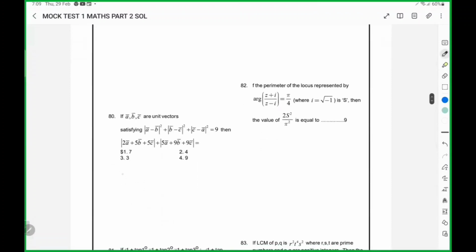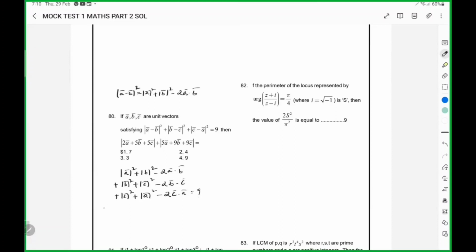Here, a square plus mod of a bar minus b bar whole square is mod a square plus mod b square minus 2 a bar dot b bar. So in a similar way, mod b square plus mod c square minus 2 times b dot c, and mod c square plus mod a square minus 2 times c dot a. They are all unit vectors.